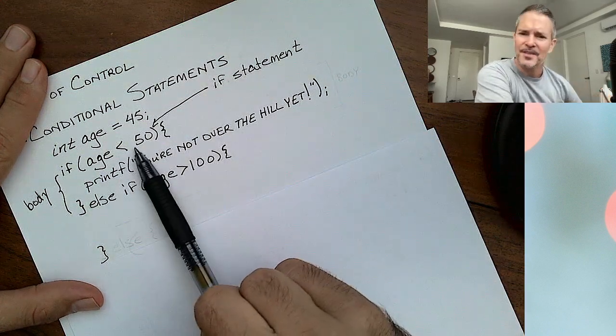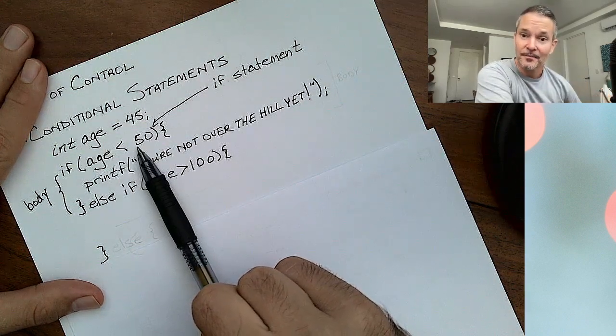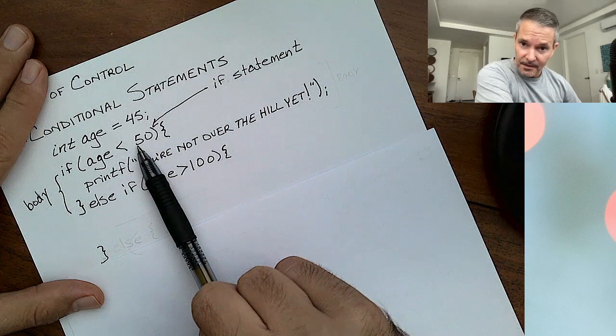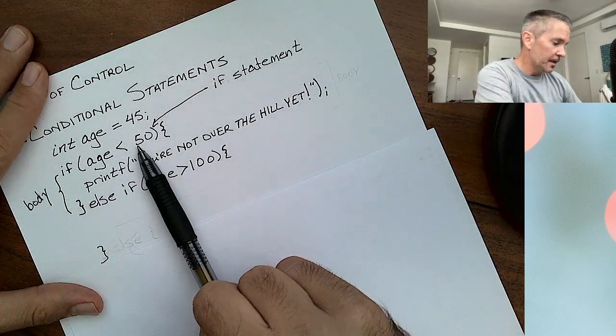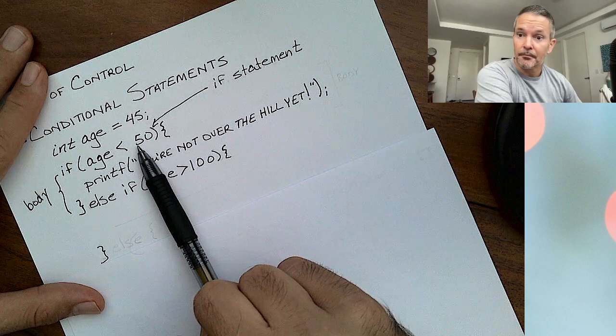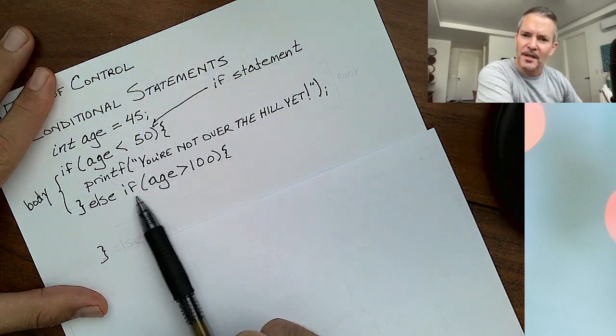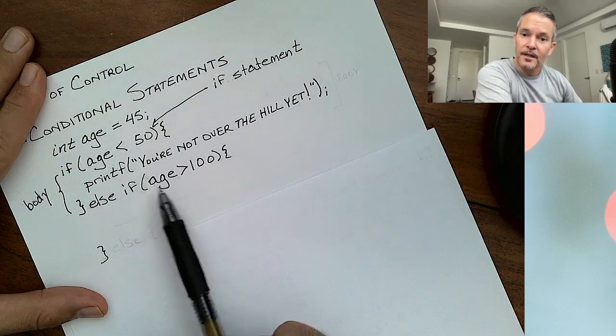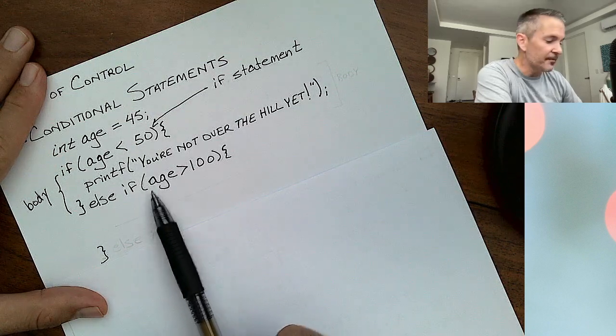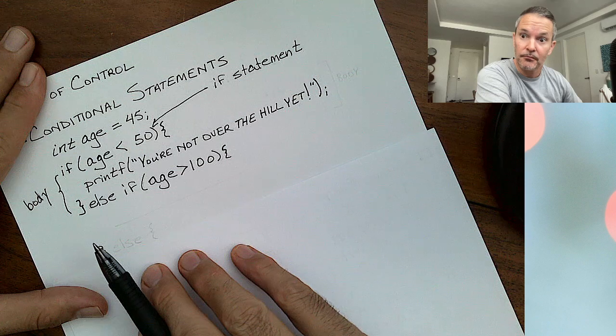Okay, but what happens if age is not less than 50? It might be any number 50 or greater. Well, now I execute another if statement. I say, well, if this wasn't true, check this. What about if the age is greater than 100?